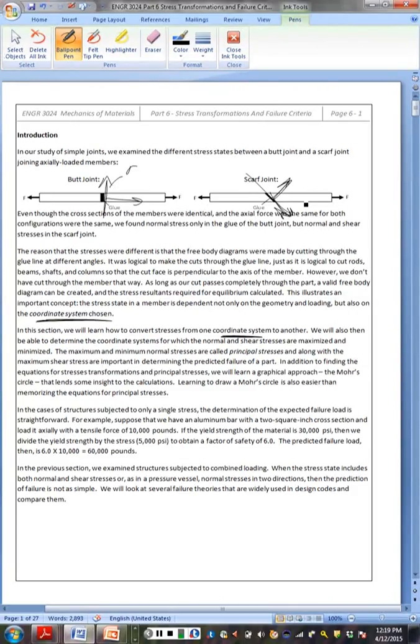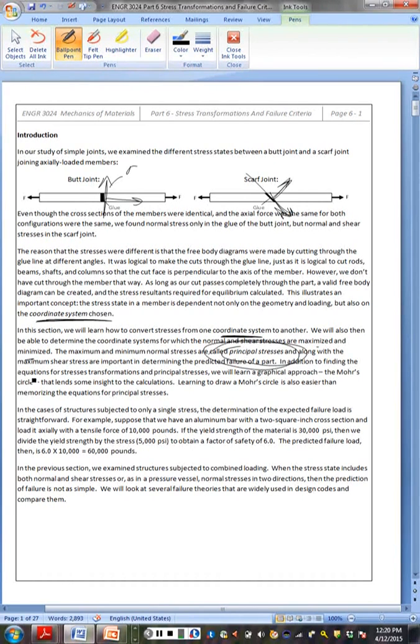Those coordinate transformations are how we find where normal and shear stresses are at their max or their min. These are what we call principal stresses, and they allow us to analyze structures that have both normal and shear stresses going on.